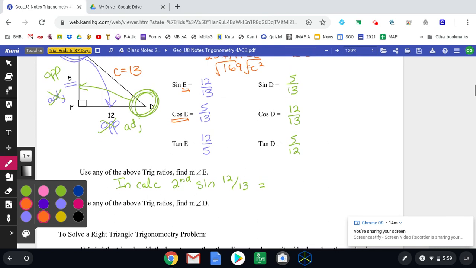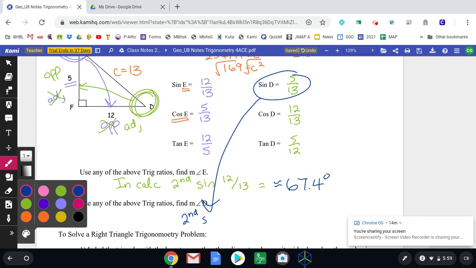All right, if I want to find D, we said E was about 67.4 degrees. So if I wanted sine of D, I could get rid of sine. I need to do second sine 5 over 13.